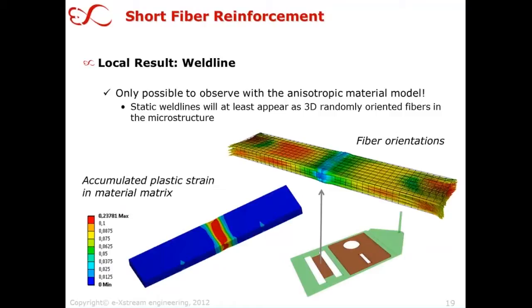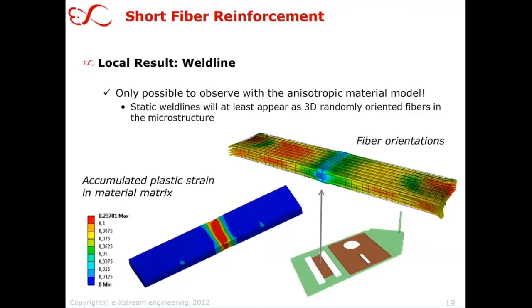And indeed, what you see for this tensile bar in the lower left bottom is that with a fully coupled simulation to an anisotropic material model, you find the weld line in your results. In the weld line, where you have randomly 3D oriented short fibers, you see the largest accumulated plastic strain.